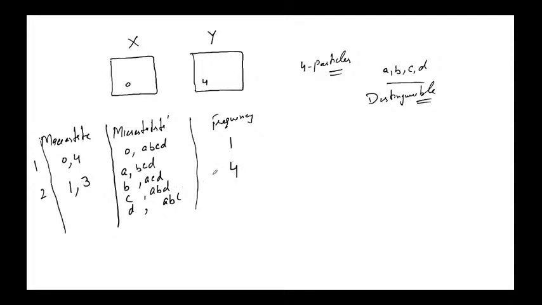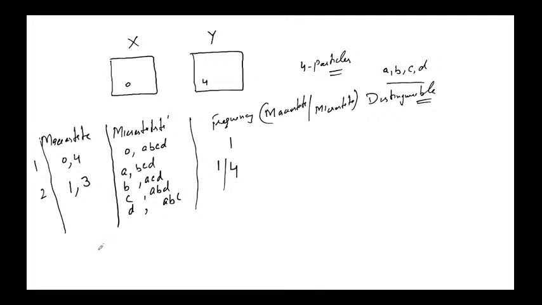So you can say that the macrostate versus microstate frequency is 1 over 4.